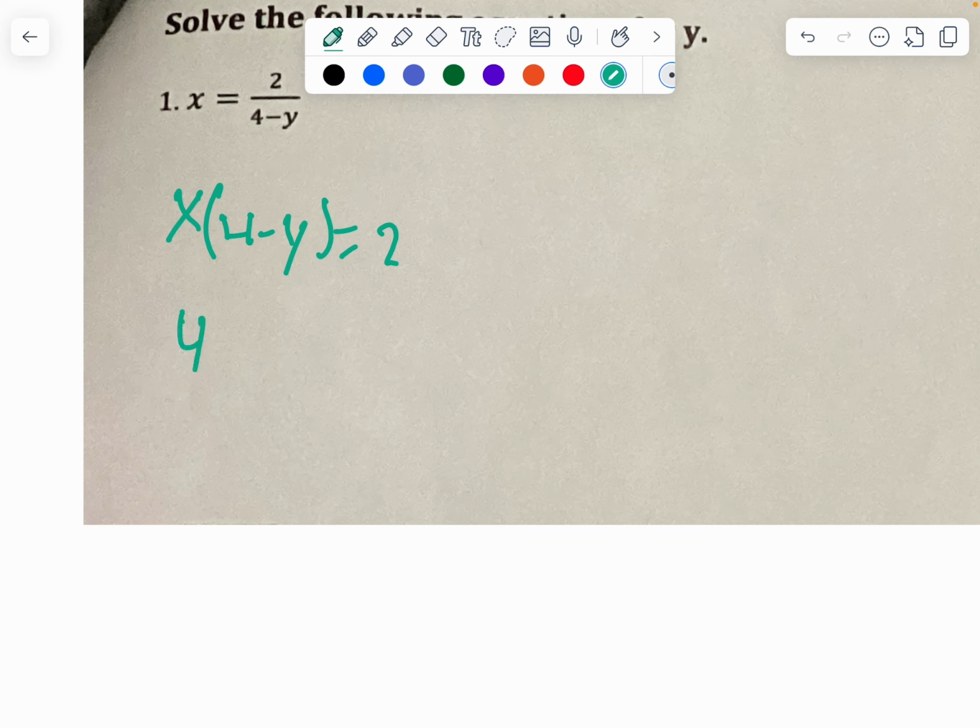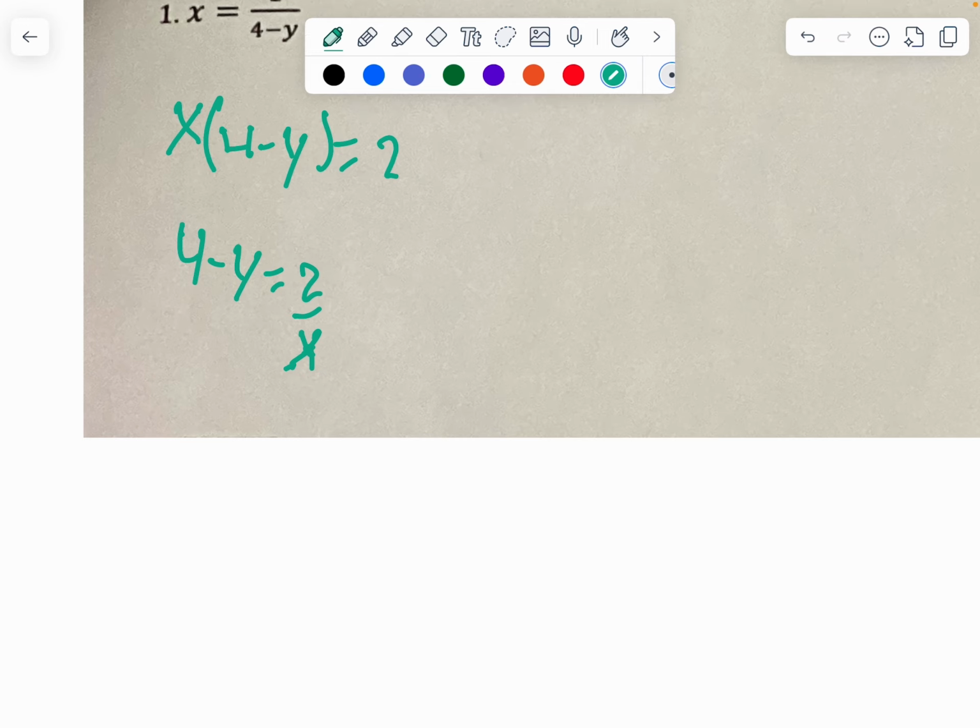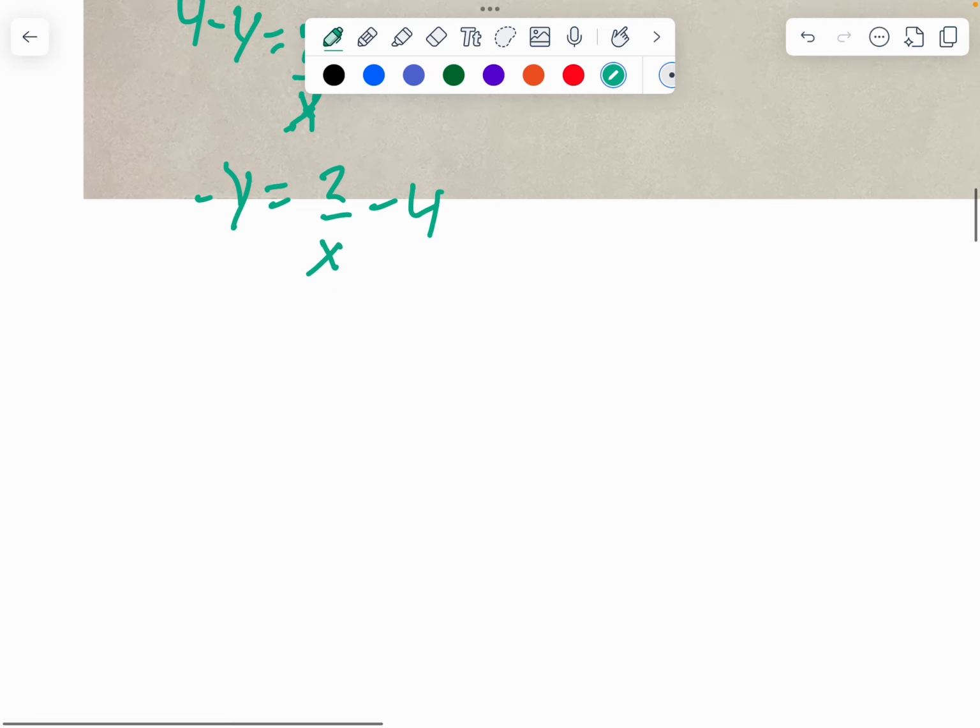So you got 4 minus y equals 2 over x. And now we're going to subtract 4. So you got negative y equals 2 over x minus 4. Divide by negative 1. So it's going to be y equals negative 2 over x plus 4.